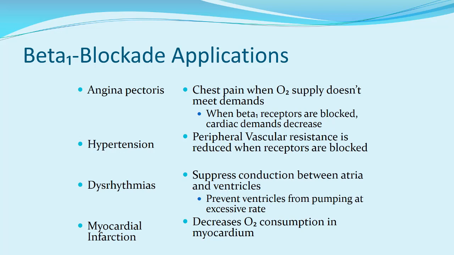They're used for treatment of hypertension because peripheral vascular resistance is reduced when we block beta-1 receptors. Dysrhythmias are treated with beta-1 blockers. We suppress the conduction between the atria and ventricles. We prevent the ventricles from pumping at an excessive rate and allow the atria and ventricles to work together in a more coordinated fashion.